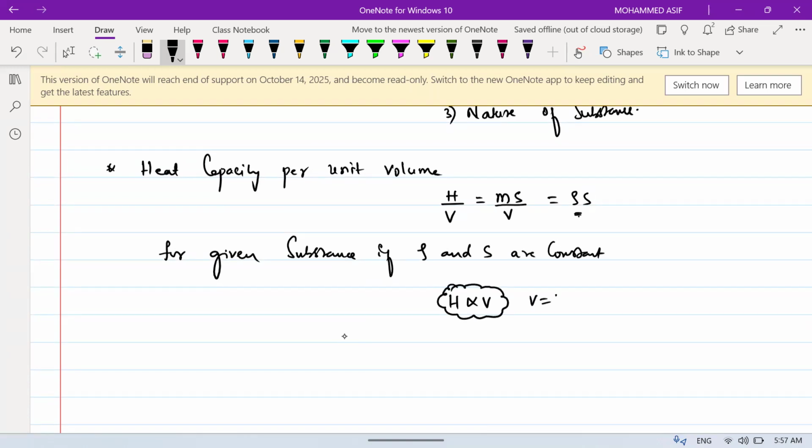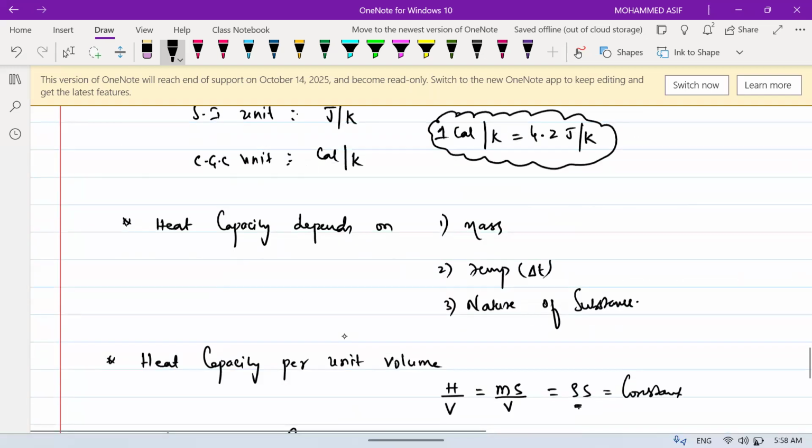V is your volume here. Because rho into s will be equal to a constant. If this is constant, then heat capacity is directly proportional to the volume. Theoretical questions are made on this, so be a little bit careful related to heat capacity and its definitions. Am I clear?